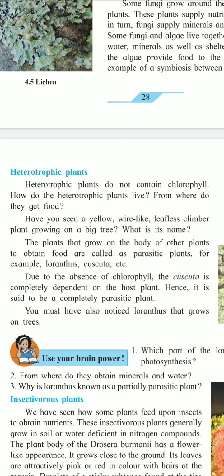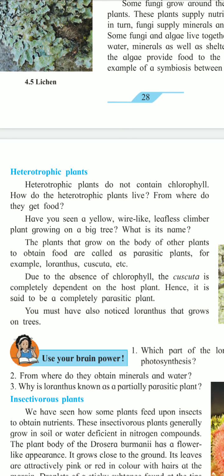The plants that grow on the body of other plants to obtain food are called parasitic plants. For example, Loranthus and cuscuta. So these are examples of parasitic plants. Parasitic plants means they grow on other plants' bodies. They grow by taking support on another plant.